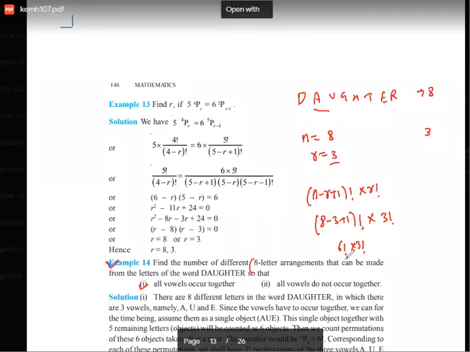Now tell me, what is the second one? The number of ways in which all vowels do not occur together. This we have also discussed. How do you find it? If you remember, we have discussed this also. Anyone tell me, anyone?